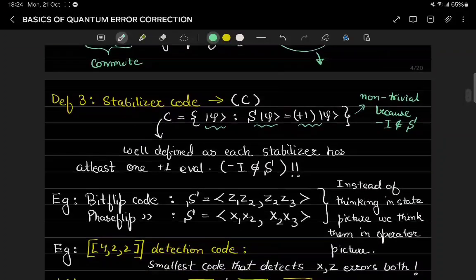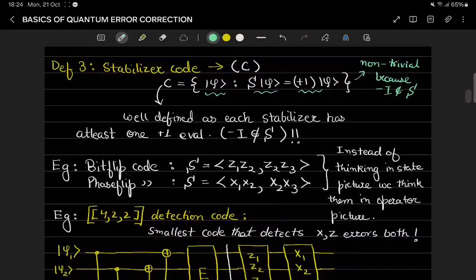So with this I will just talk about the bit flip code and the phase flip code. The bit flip code was written as Z1 Z2, Z2 Z3, and this symbol is for the generator. So I can write my stabilizer group as angle brackets G1, G2, G3 ... Gm, which means that I take the independent group elements such that all the group elements can be generated by multiplying these elements together.